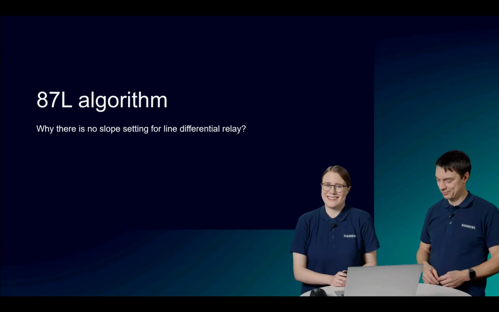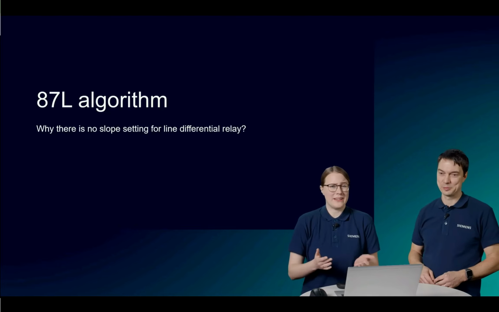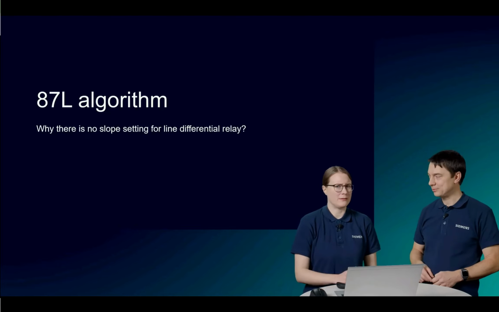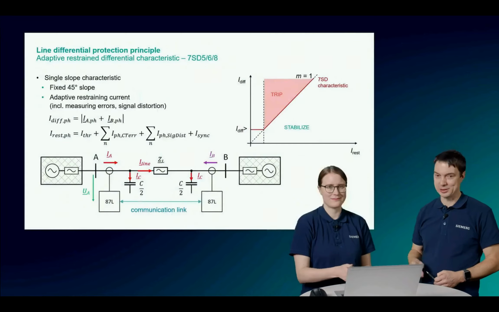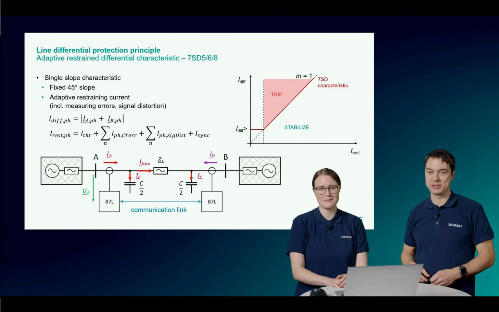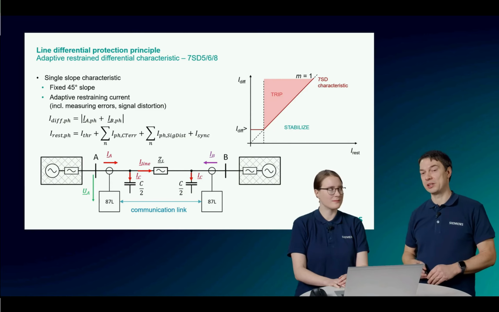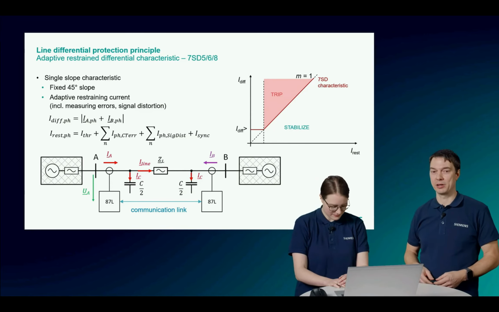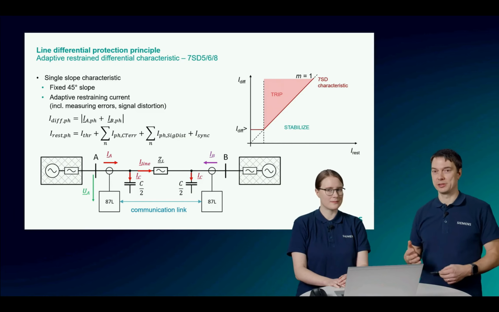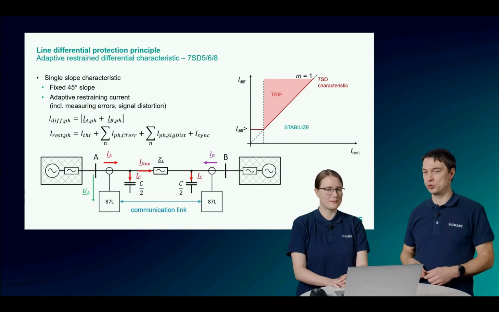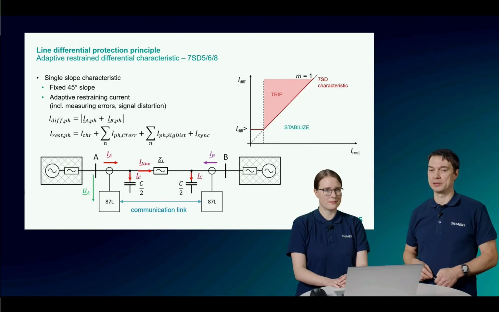Let's talk algorithms. Why is there no slope setting for the line differential relay? This is something a bit special for the Siemens devices compared to other manufacturers. I tried to address this in the first webinar, where I presented different characteristics. The dual slope characteristic and the alpha plane were also topics.